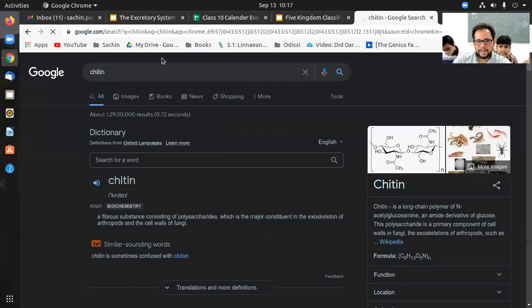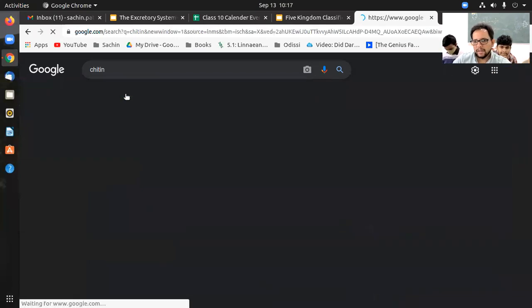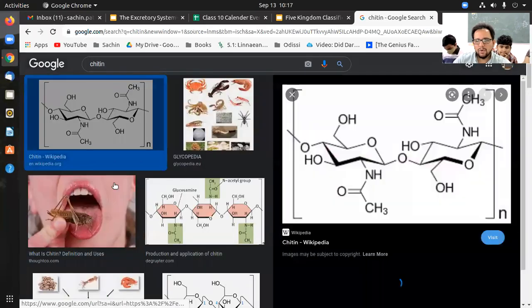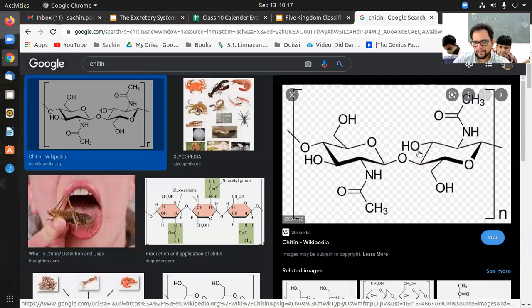It is relatively complex. It's again a polymer, like glucose. So when we know of glucose, it's something like this, but chitin has this amide group, CONH group, and that is the difference between the regular hexose sugars and this chitin molecule.